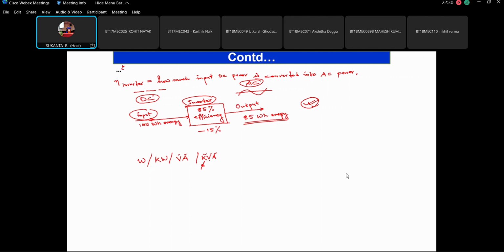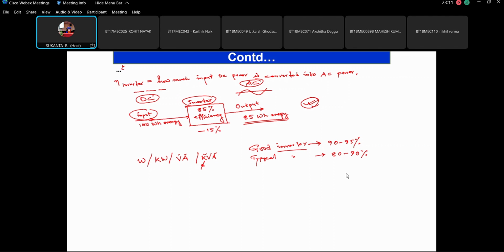Suppose we are going to purchase a good inverter. For a good inverter, the efficiency rating is 90 to 95 percent, and for a typical inverter it is 80 to 90%. Then accordingly you have to choose.